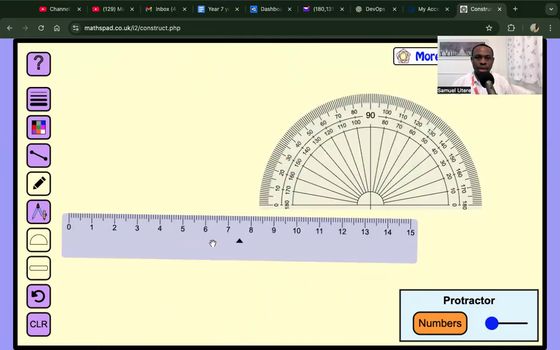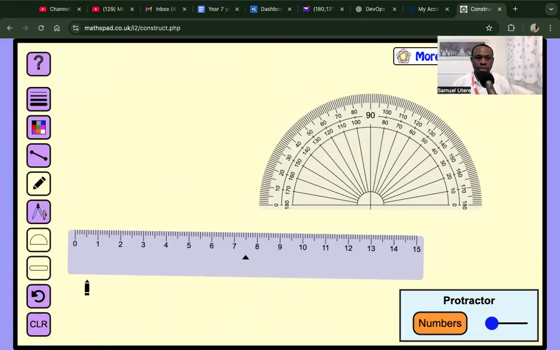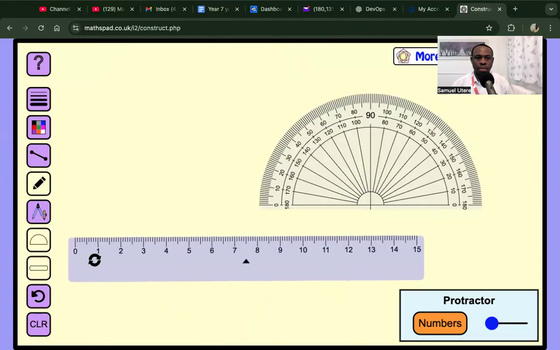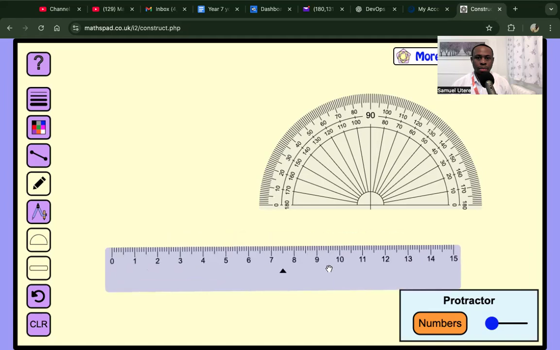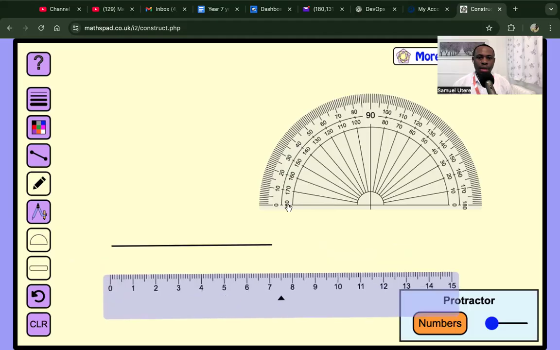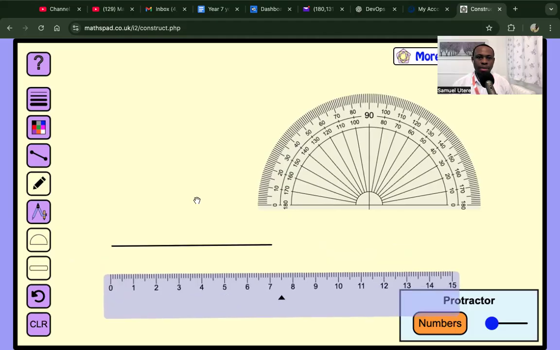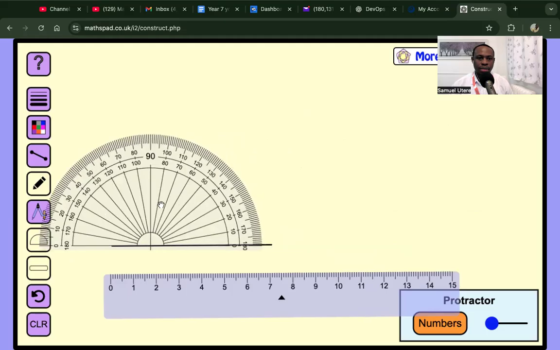So let's bring it down. So we'll draw a 7 centimeter line, okay? And we have on one end 35 degrees and on the other end 40 degrees. Okay, so 35 degrees.